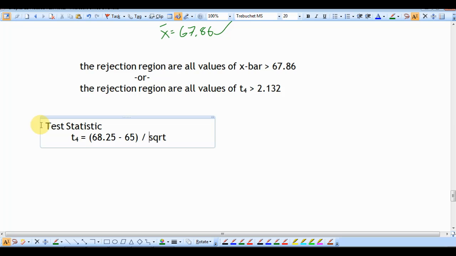Yeah, 3 divided by the square root of 5.